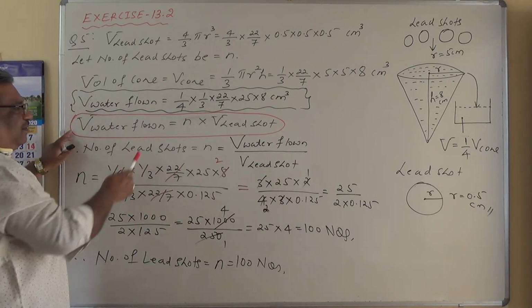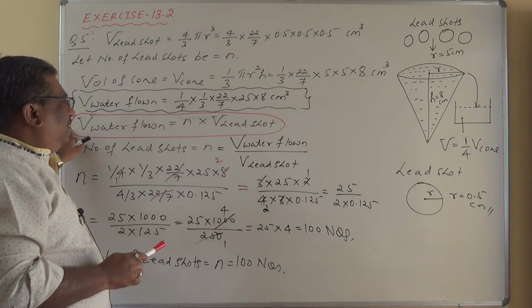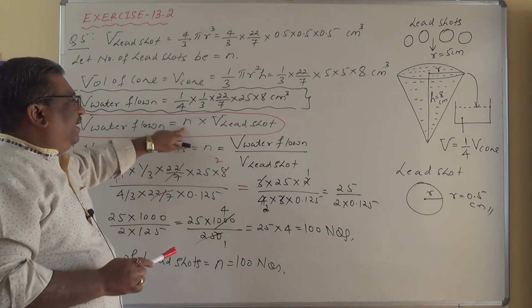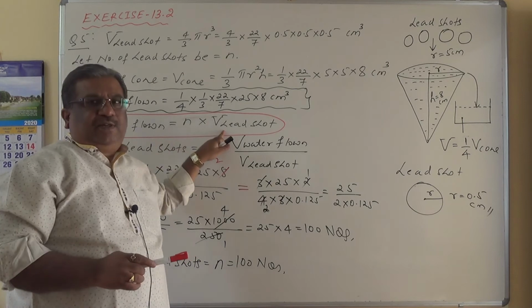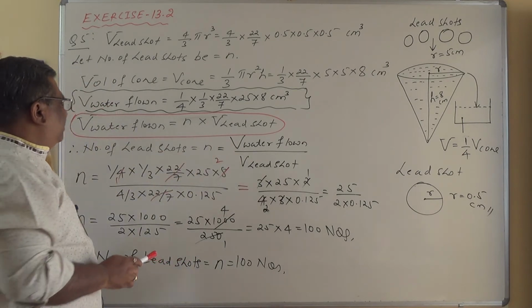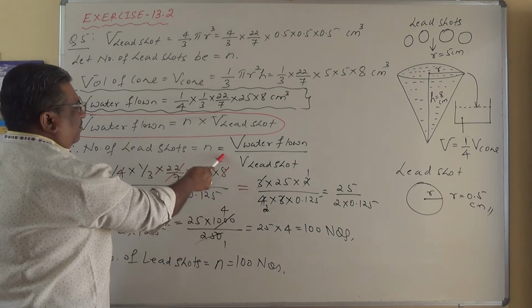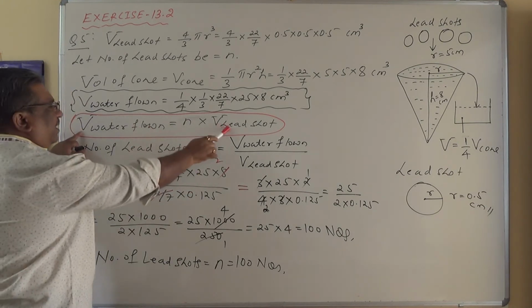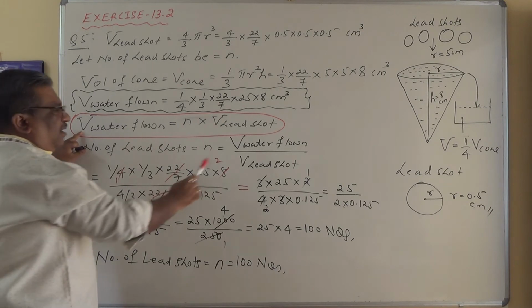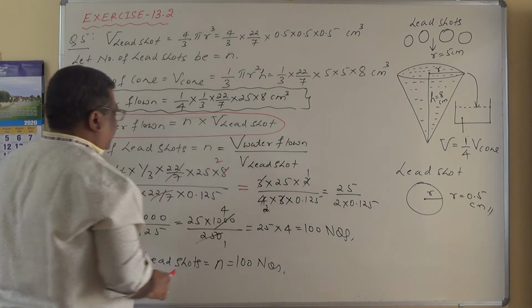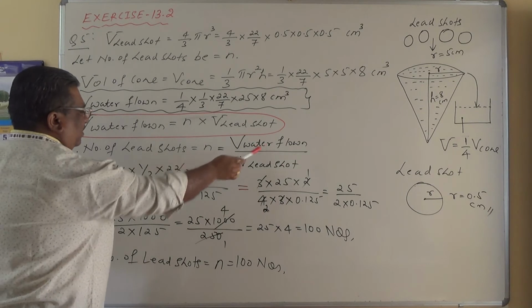Now volume of the water flown should be equal to number of lead shots into volume of each lead shot. N be the number of lead shots, and therefore by transposing, N equals volume of the water flown divided by volume of the lead shot. Substitute the volume of water flown.